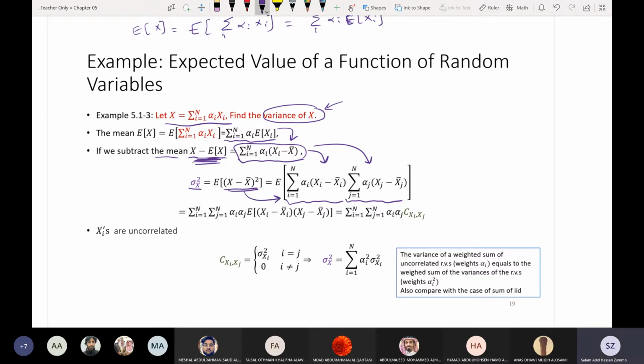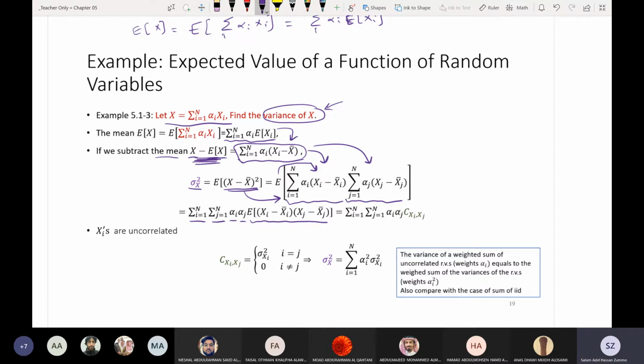So I have a double summation here over i and j of alpha i, alpha j, and then the expected value. The expectation is linear, so I can take the expectation inside the summation: expected value of xi minus xi bar multiplied by xj minus xj bar.